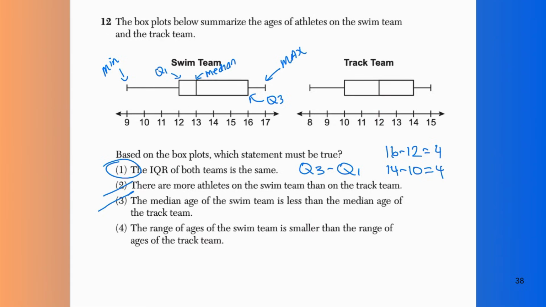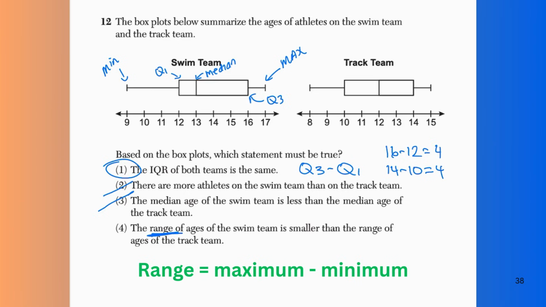And number 4, the range of ages of the swim team is smaller than the range of ages of the track team. Range, similar to interquartile range, is also subtraction, but you're subtracting the max minus the min.